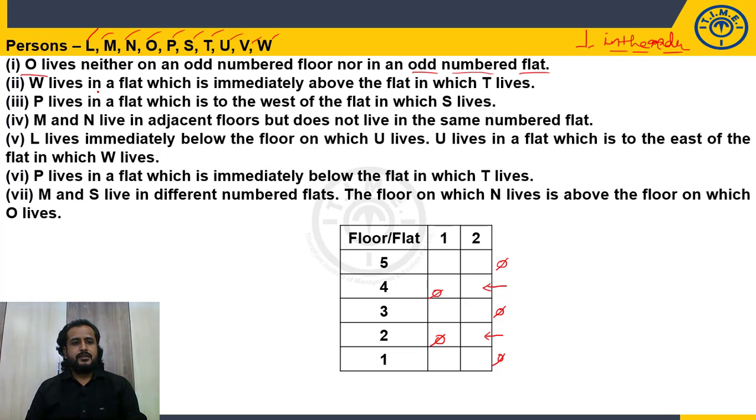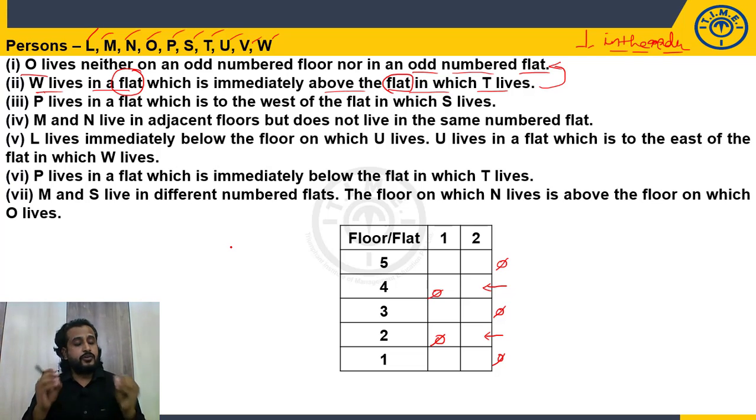What is given next? W lives in a flat which is immediately above the flat in which T lives. Do you have the link with the previous statement? No. But what is known? W lives in a flat which is immediately above the flat. Both are given in terms of flat, so you have to be careful. But we don't know which floor it is and which flat it is. Whether it is flat 1 or flat 2, we don't know.